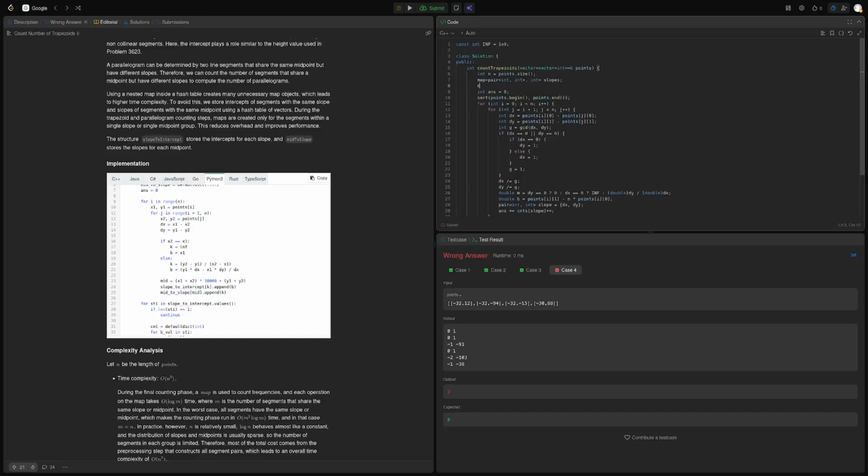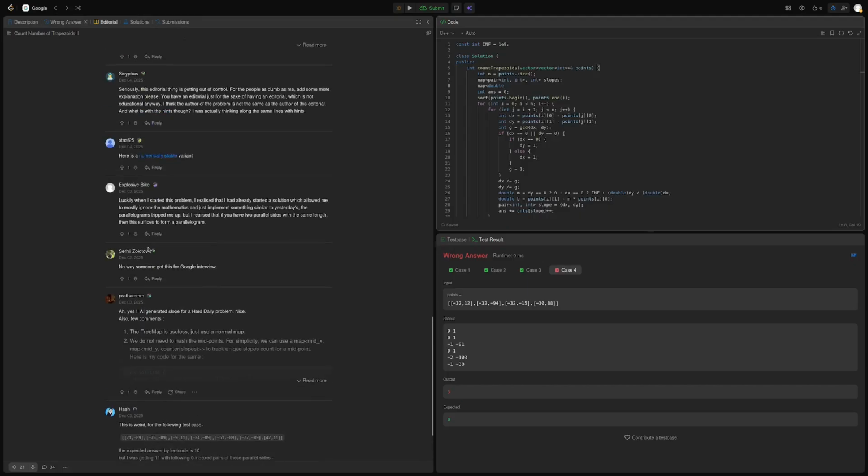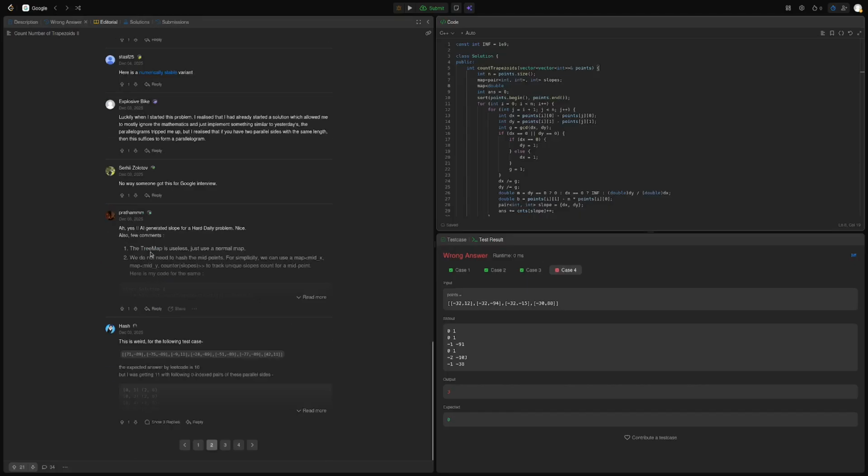And then we have map and double. One guy said there was a rounding trick here. How is that done? No way someone got this for a Google interview for sure.